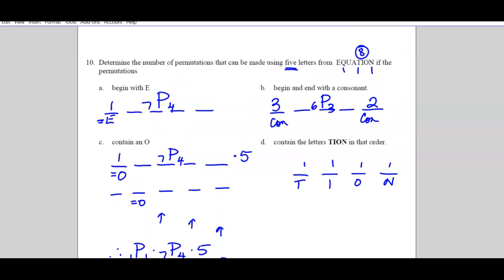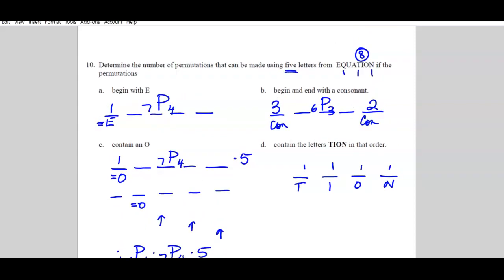So next thing, it has to be a 5-letter word or arrangement. So we only have one more spot to put in, right? One more letter. It could go at the beginning, or it could go between, or there, or there, or there. Okay? How many letters do we have that have to go in between them?